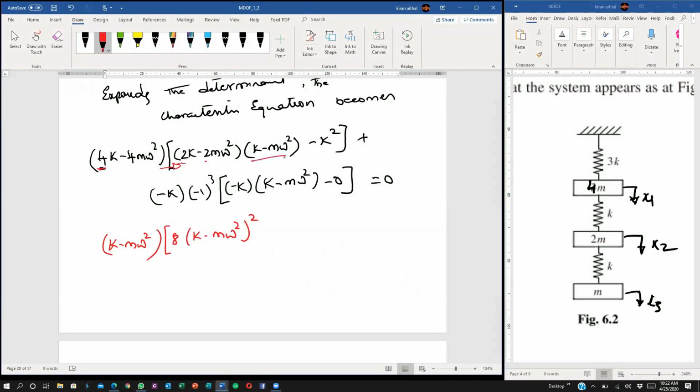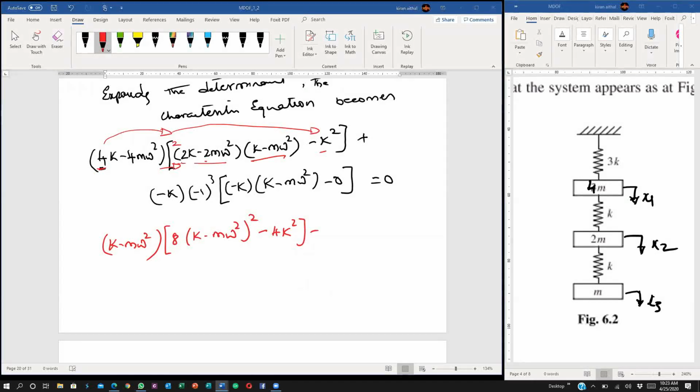Hopefully you understood this k minus m omega square. I have taken this 2 out here. 4 into 4, this multiplies with this one, it becomes 8 k whole square minus 4k square, right? This 4 has to be again multiplied with this k also here, correct or not? So this 4 has to be multiplied with this also, 4k square, right?